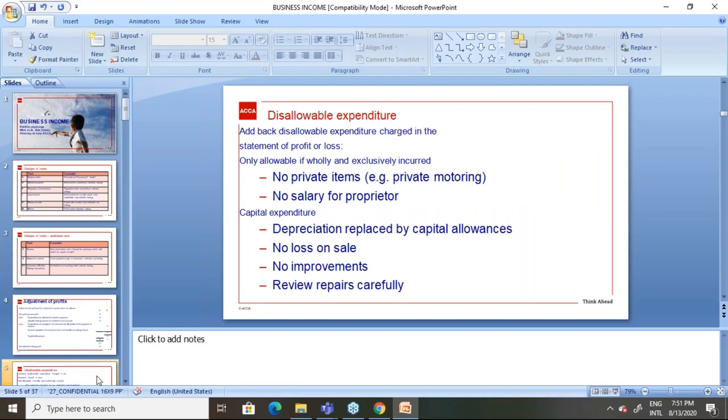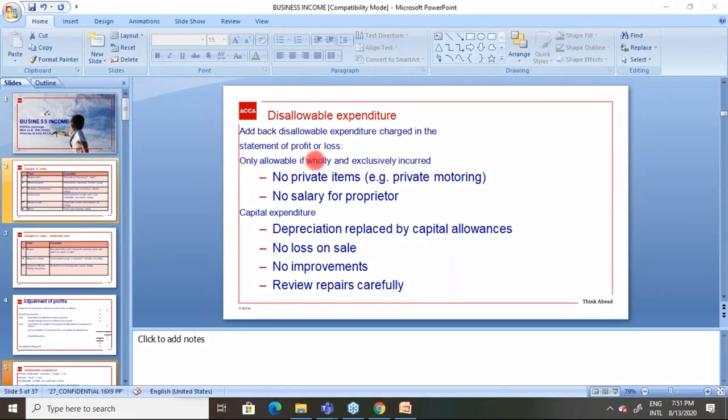Then, you can see, when it comes to unincorporated businesses such as sole traders and partnerships, we are only permitted to deduct expenditure that we have incurred wholly and exclusively for the purpose of trading.